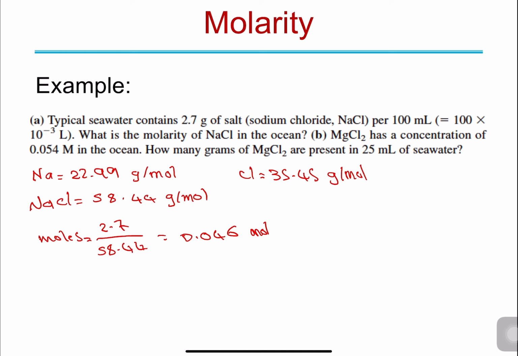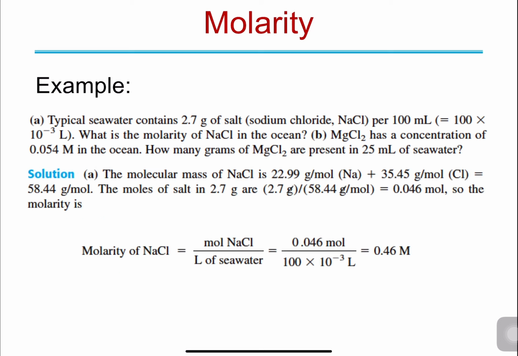To get the molarity, I divide the number of moles, 0.046, by the volume in liters, which is 0.1, because it's 100 ml, so 0.1 liter. So your answer will be 0.46 molar. This is the molar concentration of sodium chloride.